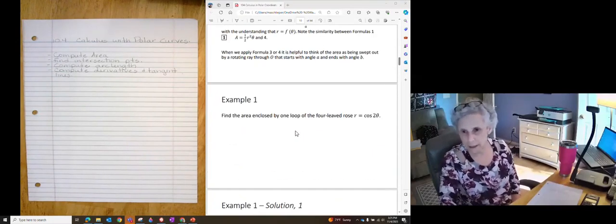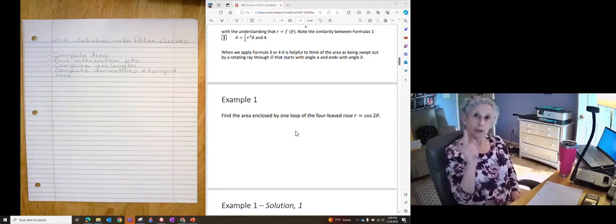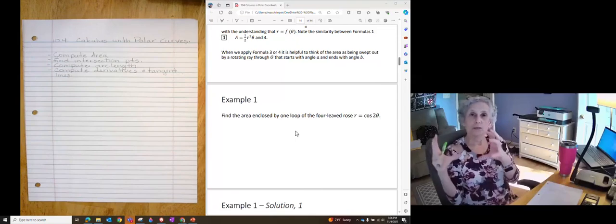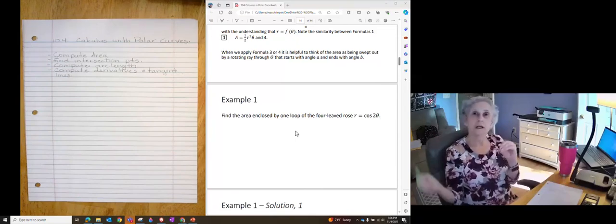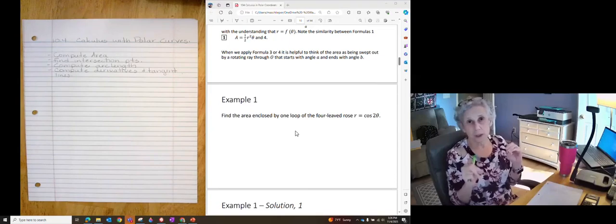Let's look at an example. We want to find the area enclosed in one loop of the four-leafed rose, r equals cosine 2 theta. So you need to know how that four-leaf rose is created so you can figure out the limits of integration to find the area enclosed by one loop.